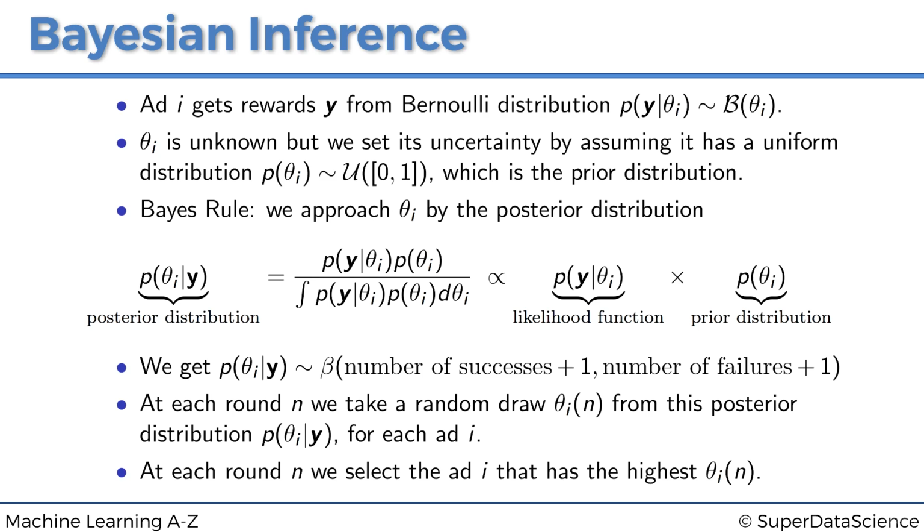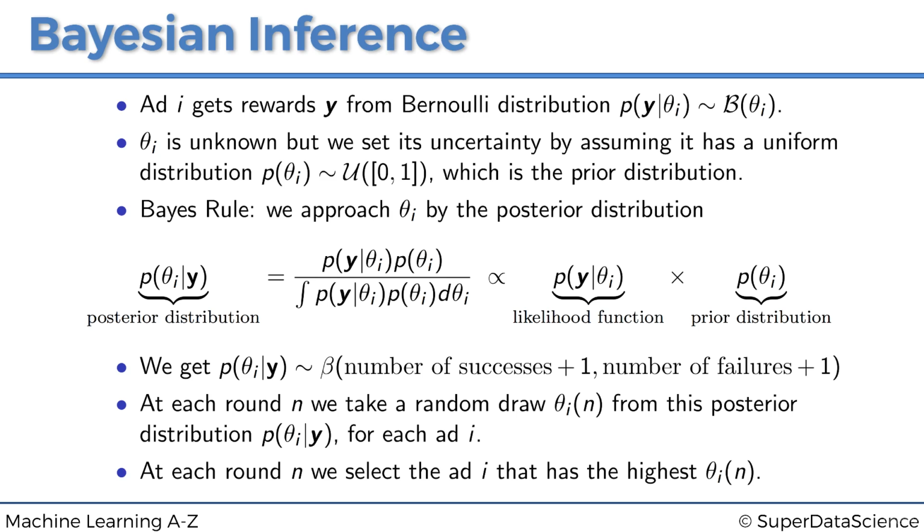And so by using Bayes rule, that's how we get this beta distribution in this step 2 here. And so by taking at each round these random draws of this beta distribution, since these random draws represent nothing else than this probability of success, we get the strategy here, which is to take the maximum of these random draws, because the maximum of these random draws is approximating the highest probability of success.